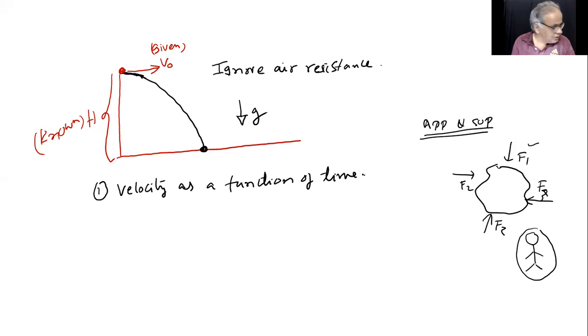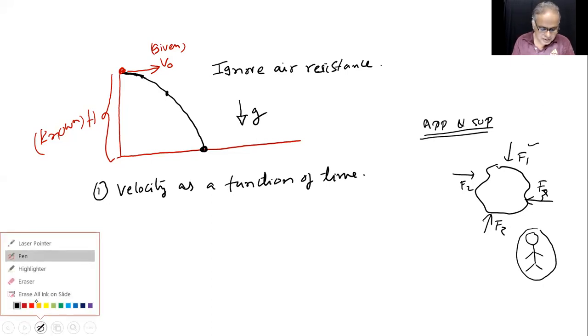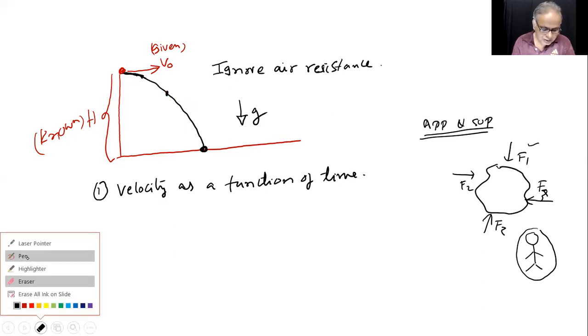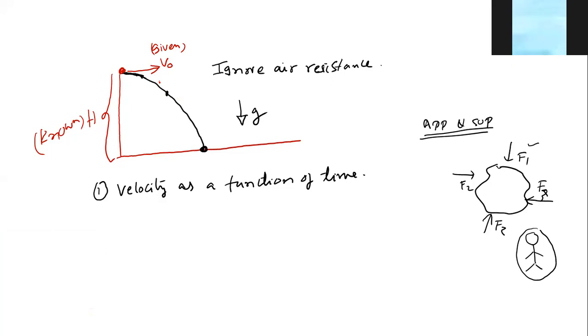After the body travels some distance like this, what will be the velocity here? Remember it, anytime the velocity will be in terms of direction tangential to the path. This I've been talking about many times. The instantaneous velocity is tangent to the path. So this is the velocity after a time t. This is v.